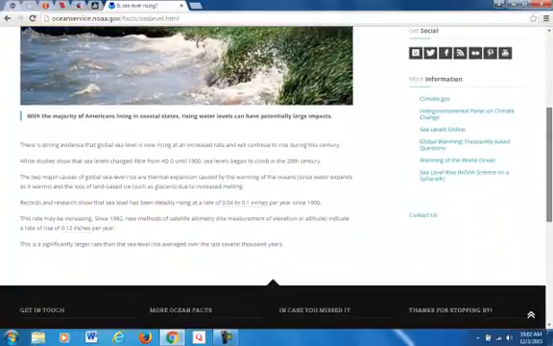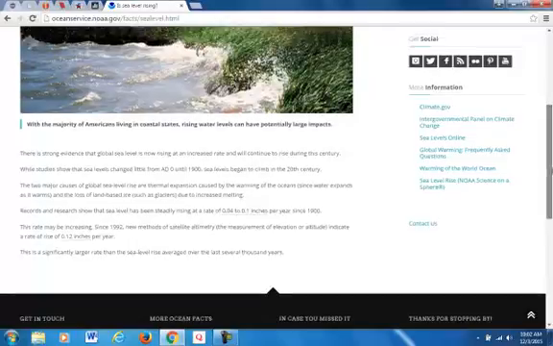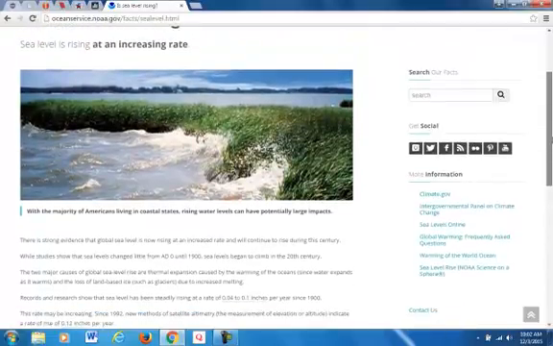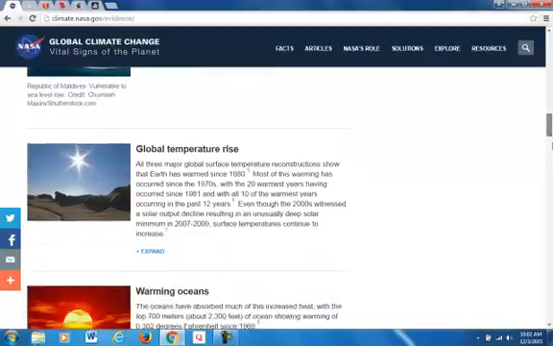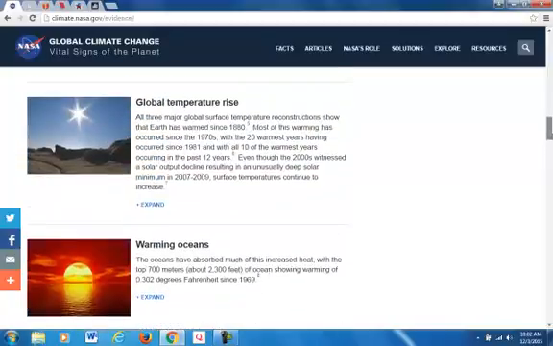So I would read through it to see if there's anything different that wasn't on the NASA website, and if there's something that I would use, I would use this URL too. When I get enough information on sea level rising, I would go back to that original, and I would look at the global temperature rise, and I'll do the same thing for global temperature.